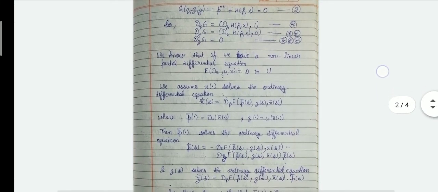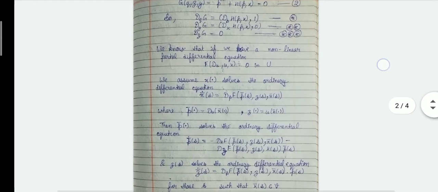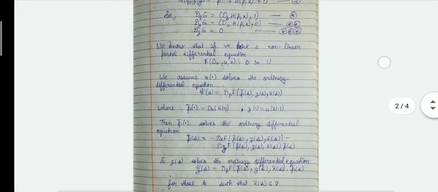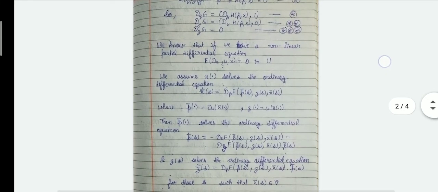And dot means the derivative with respect to s, where p-bar dot equals Du(x-bar) dot and z dot equals u of x-bar dot.